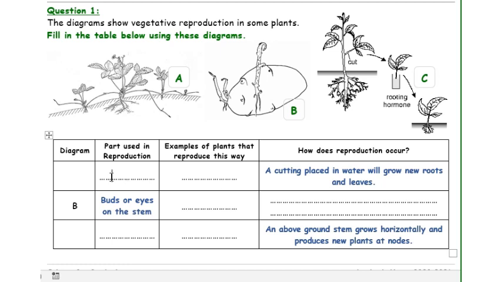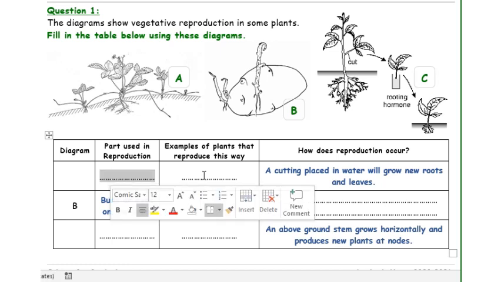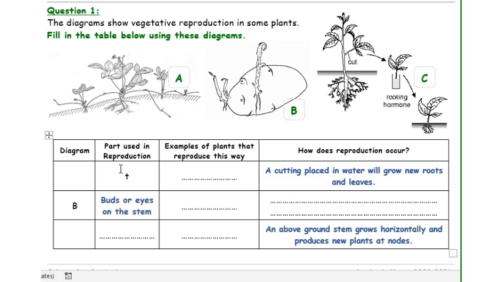So which part is used in reproduction? It's the cutting for sure. So the piece that we cut from this plant is called the cutting. And here we're talking about diagram C. What are examples of plants that reproduce this way?